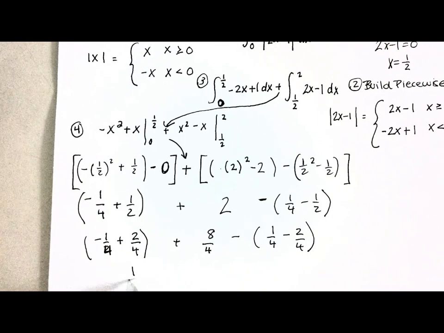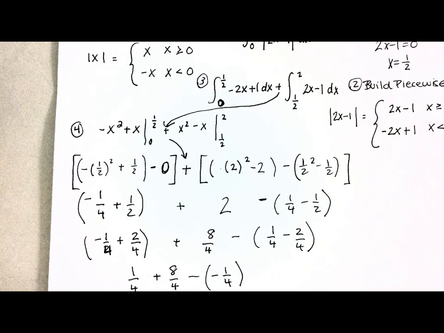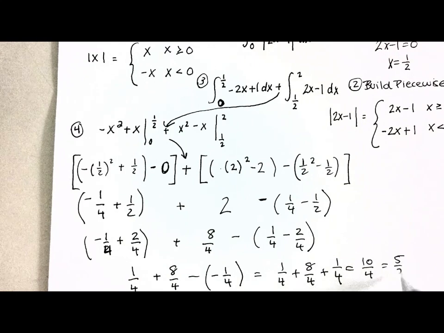So that gives me 1/4 plus 8/4. Now this is going to be minus negative 1/4. So that's going to be 1/4 plus 8/4 plus 1/4, which is 10/4, which is 5/2.